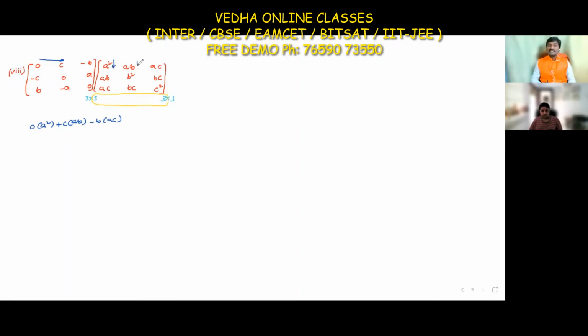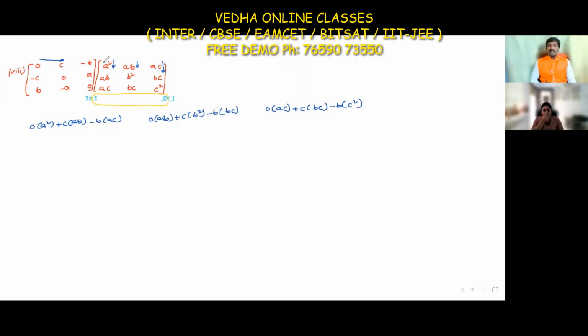First row with second column now: 0 into AB plus C into B square minus B into BC. Now the same first row multiplying with the third column: 0 into AC plus C into BC minus B into C square.